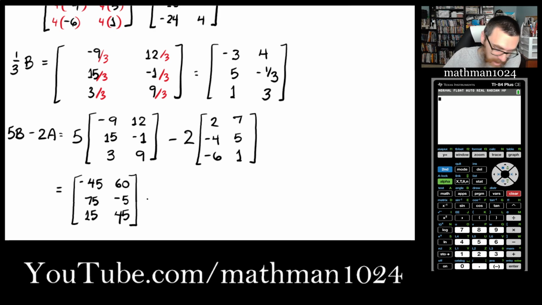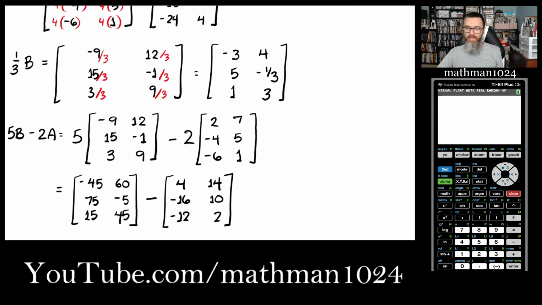And we're going to say minus. So this guy over here, we're going to just distribute the 2. So that's 4, 14, negative 16, and 10, negative 12, and 2. All right, so make sure that I multiplied everything times.